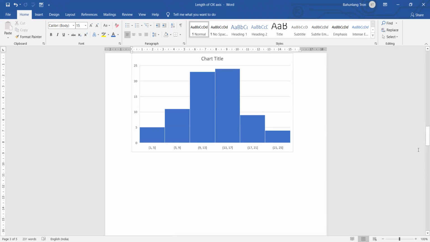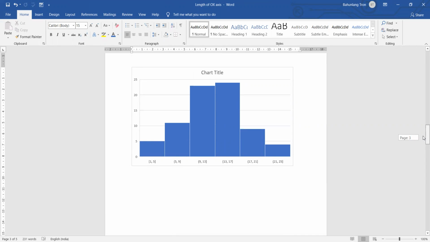This is a histogram which I have drawn using the insert graph function, whereby I have selected a histogram.